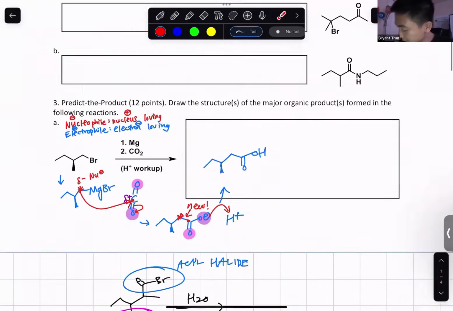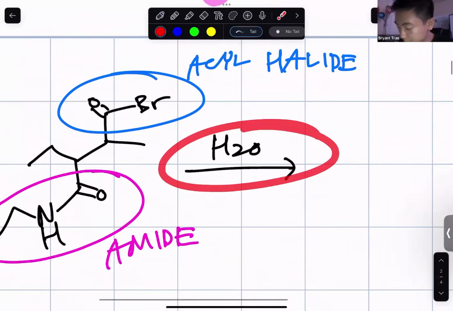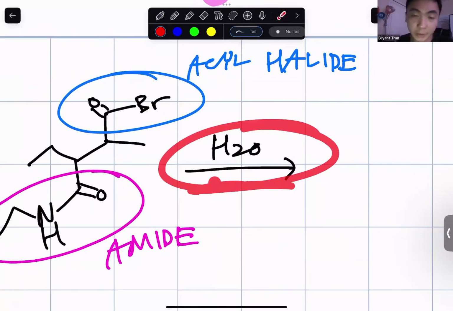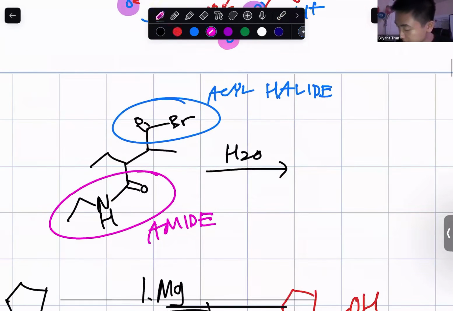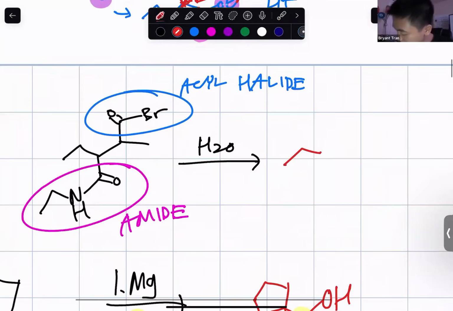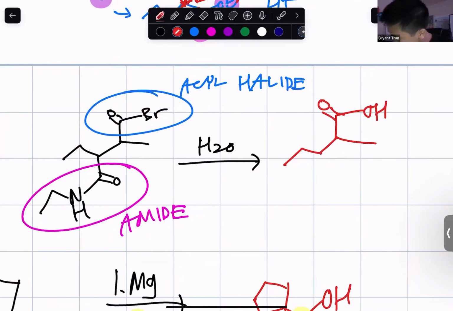But because we're given just water, no acid, no heat, no H2SO4, no HCl, no base like NaOH, we're only going to react with the acyl halide, converting it into the carboxylic acid like this. The amide, because it doesn't react, is going to stay the same.